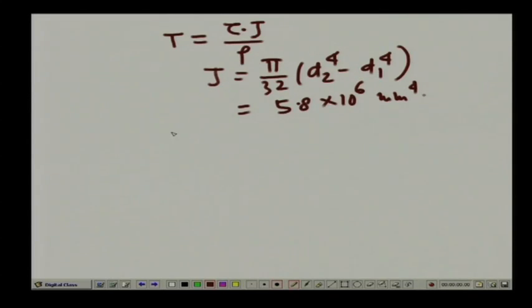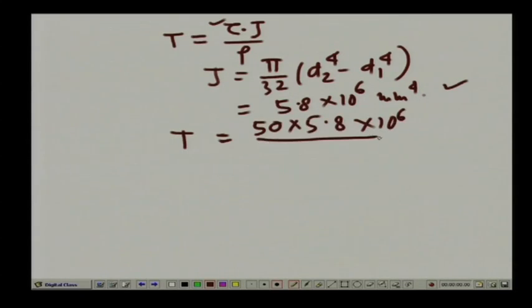And from this, we compute the value of T. Tau we know which is 50 MPa, J is this, and rho is the maximum outer radius corresponding to the maximum stress. If we substitute, this comes as 50 times 5.8 into 10 to the power 6 divided by 50. So, this is equal to 5.8 into 10 to the power 6 Newton millimeter.